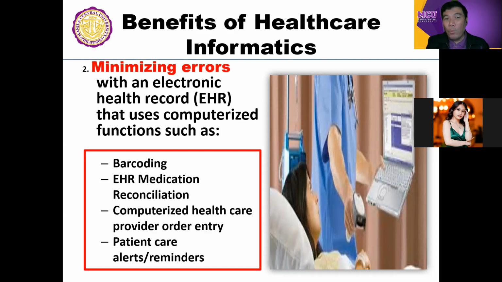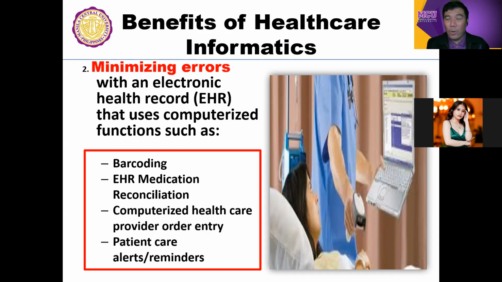That's why when we maximize the use of healthcare informatics, this, as we have mentioned, provides a high level of independence for the clients for them to even interpret their own health conditions. But I'm not saying that we will disregard the healthcare providers.